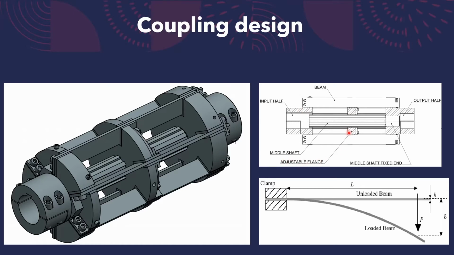Basically, we are moving the adjustable flange to change the stiffness. The middle shaft is fixed on this end, so when we are moving the flange to the right side, the effective length increases, so the stiffness decreases. And when we're moving this adjustable flange to the left side, the effective length decreases and the stiffness increases.